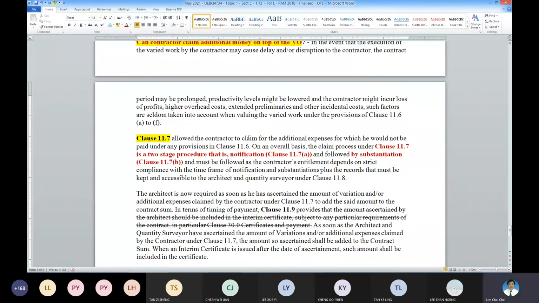This is important for the contractor to get paid. Also, all the records need to be contemporaneous records, and supporting documents must be provided.